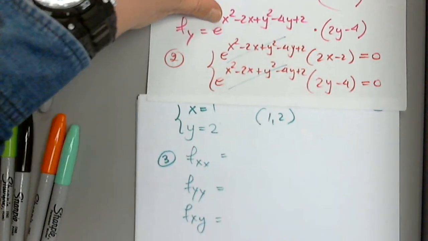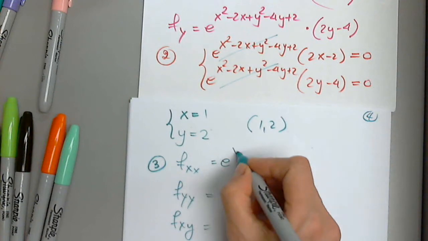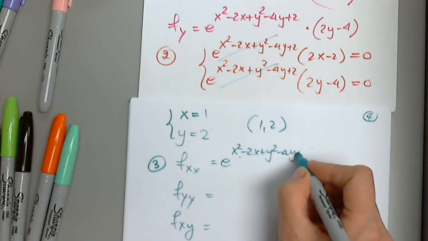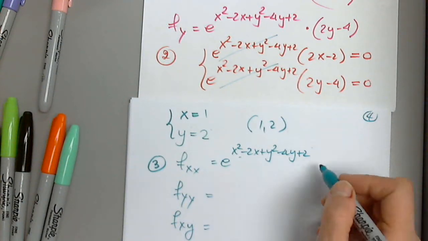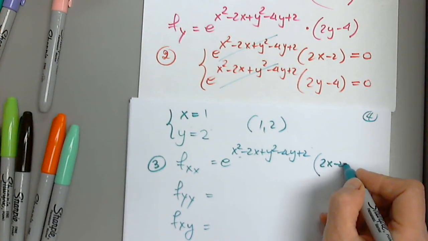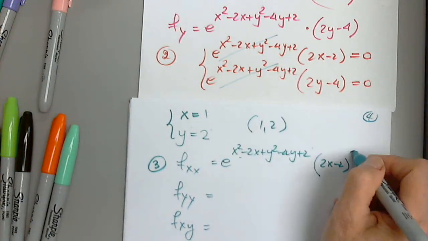Ready? So e to u prime will be e to x squared minus 2x plus y squared minus 4y plus 2, times the inner function prime with respect to x, which is 2x minus 2, times the other function, so I'm just going to put square.